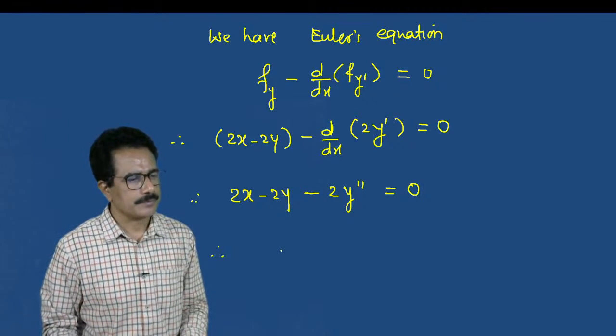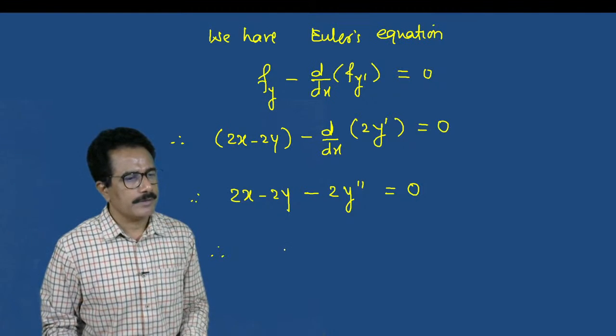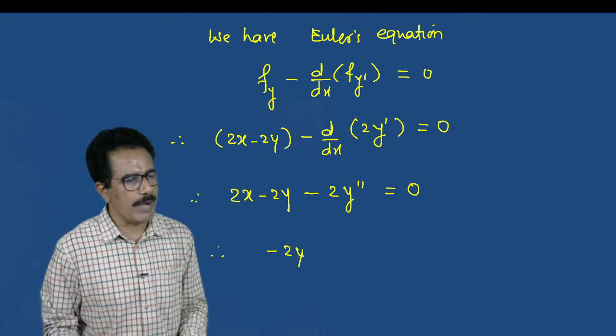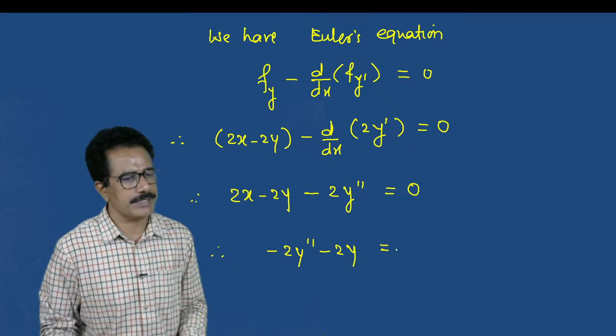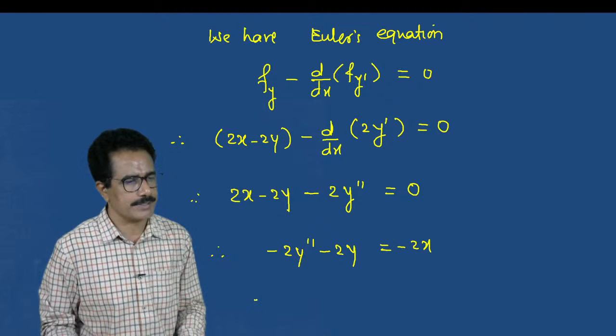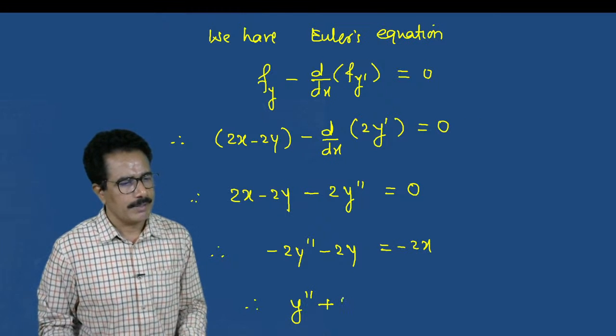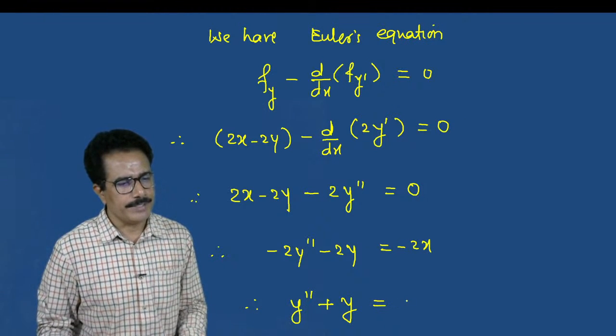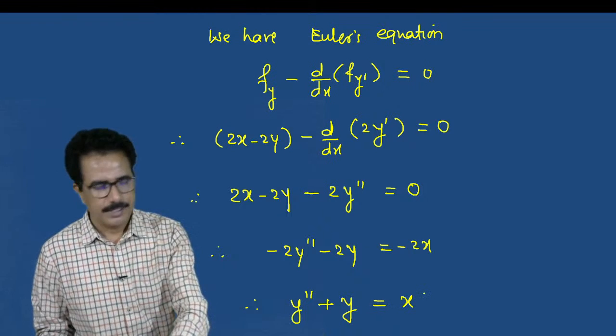So you can take this: minus 2y double dash minus 2y, which is equal to minus 2x. So y double dash plus y, which is equal to x.